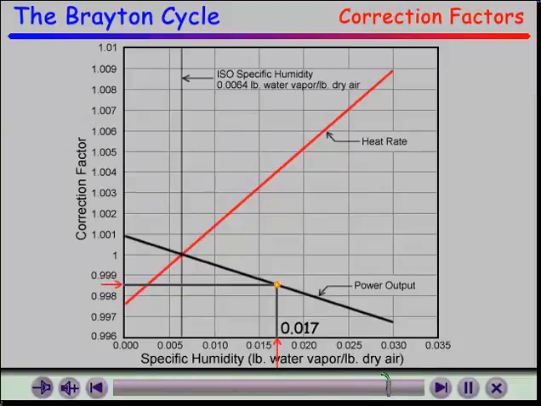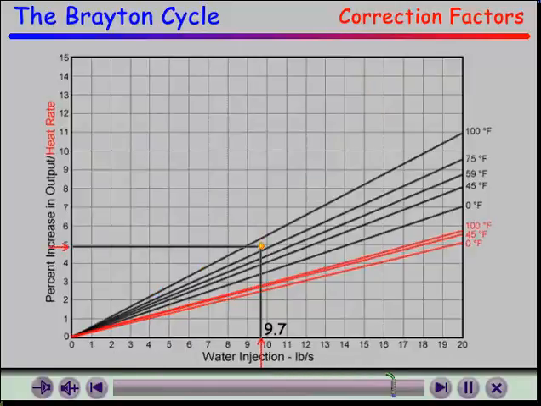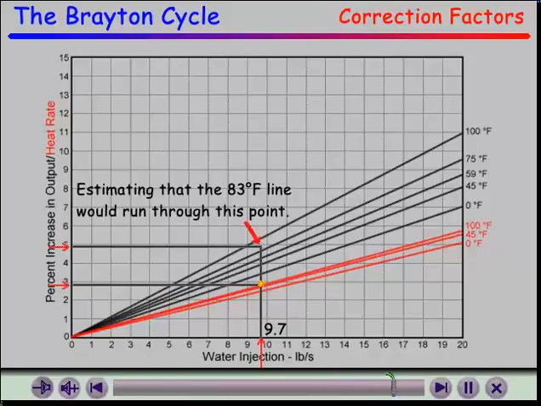For the specific humidity, we determine the output correction factor to be 0.9985. The heat rate correction factor is 1.004. And we find the water injection correction factor for output and heat rate to be 1.049 and 1.029, respectively.